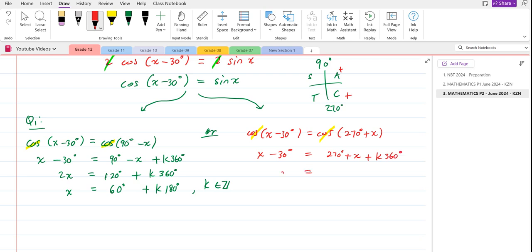So x is now equal to 270 plus 30, that's 300. Actually we can't solve this, because the x and the x cancel out, and then you're going to have no solution. So the second one doesn't work out, so not applicable, right? So that's the only answer.